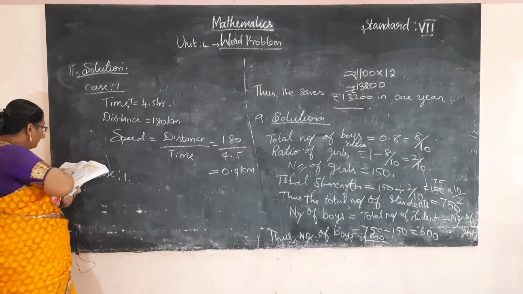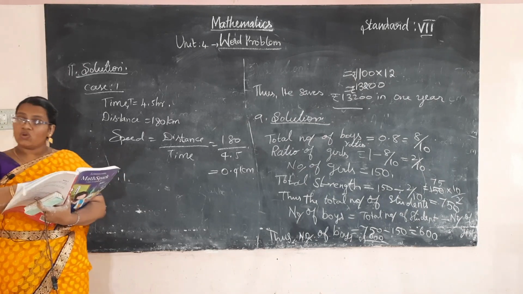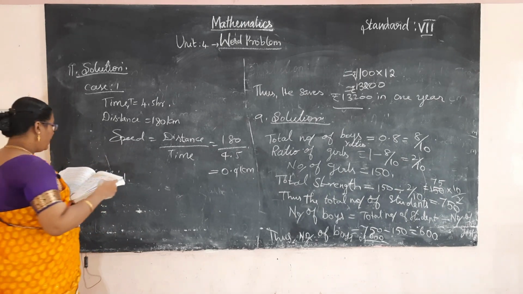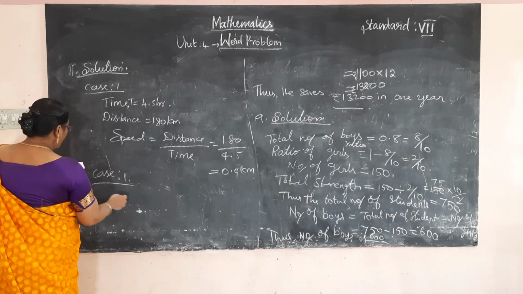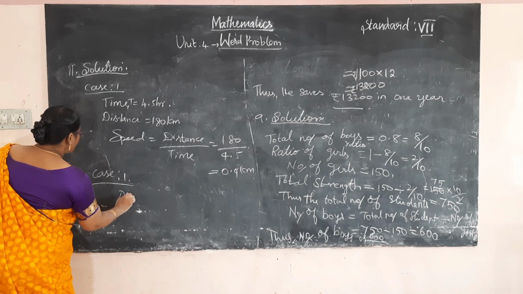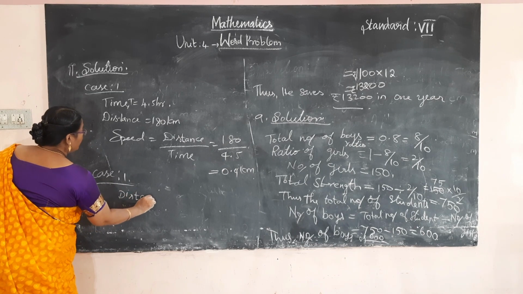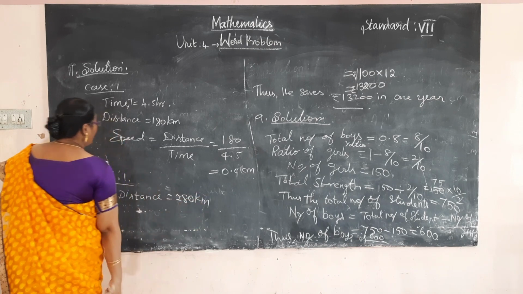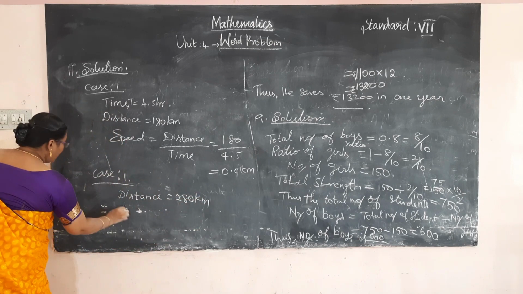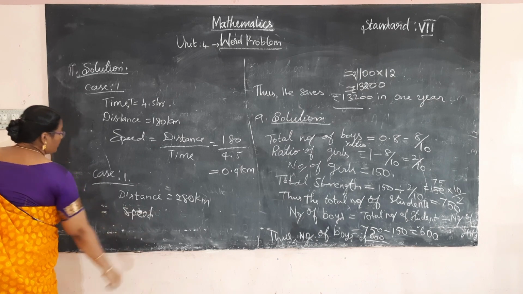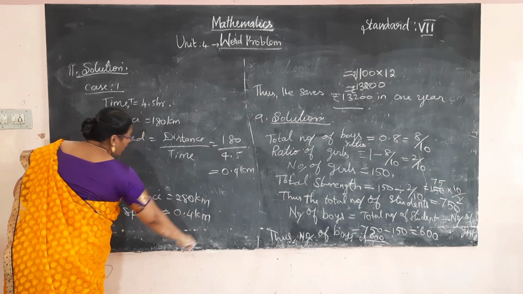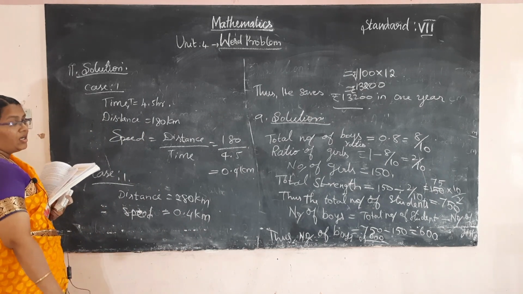How much time will it take to cover the distance of 280 kilometers? Here the distance is 280, and the speed of the bus is already known, 0.4 kilometer.